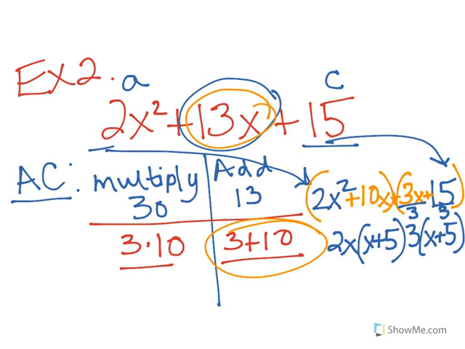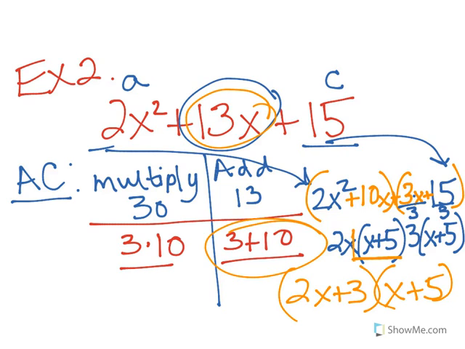So that's basically what I'm doing. When I pull out a GCF, I'm dividing. So 3x divided by 3 is x, and then 15 divided by 3 is 5. So my factors are 2x plus 3 and x plus 5, because it's only one of these factors.